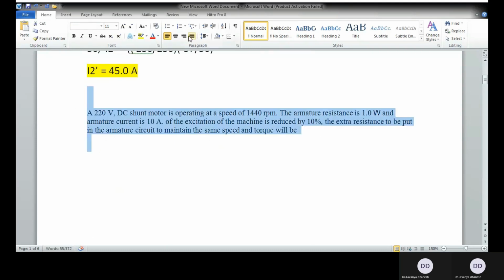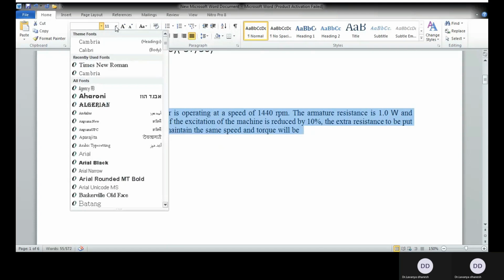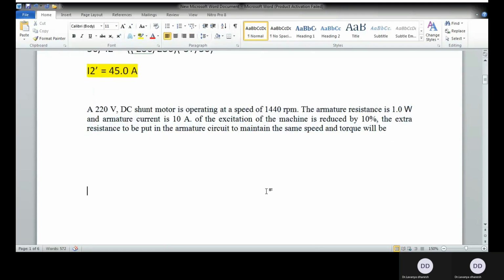As I told you before, first write the given data. So what will be the given data? You have a 220 volt DC shunt motor with a speed of 1440 rpm, an armature resistance of 1 ohm, and an armature current of 10 ampere.